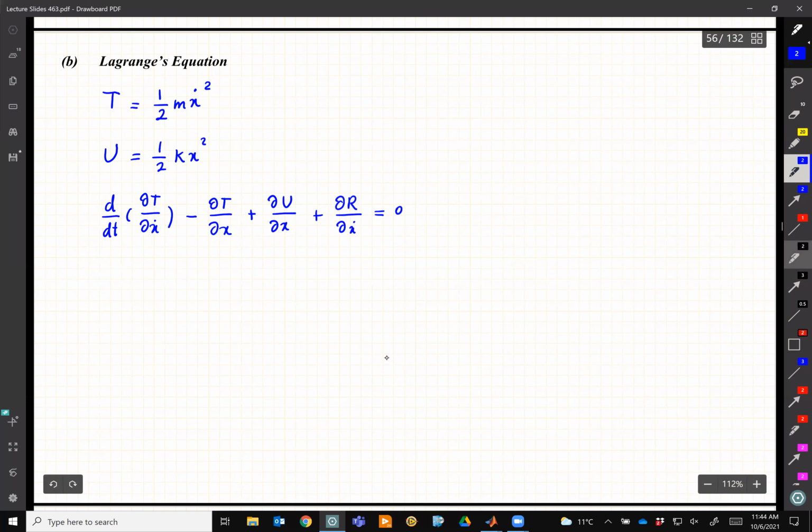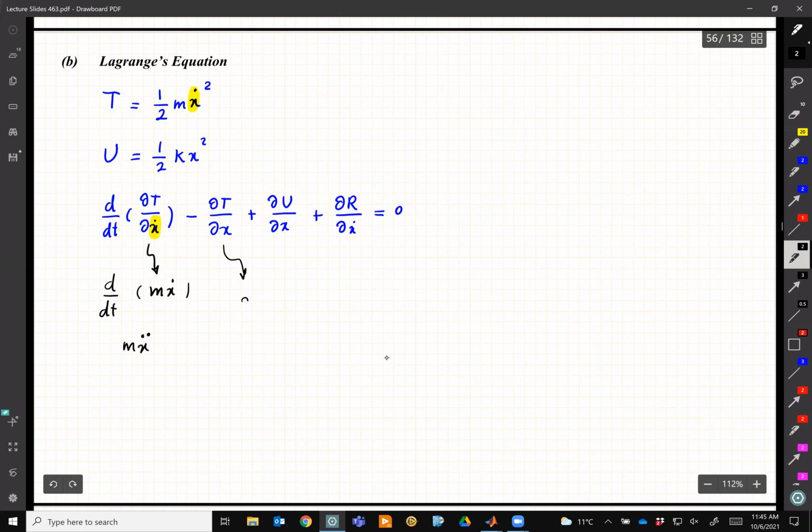So let's quickly find them. The derivative of T with respect to x dot is m x dot. When you take the derivative, be careful. You are taking the derivative with respect to this variable, x dot. There is no t. Our variable is x dot. So it is m x dot, and when I take the time derivative, I get m x double dot.